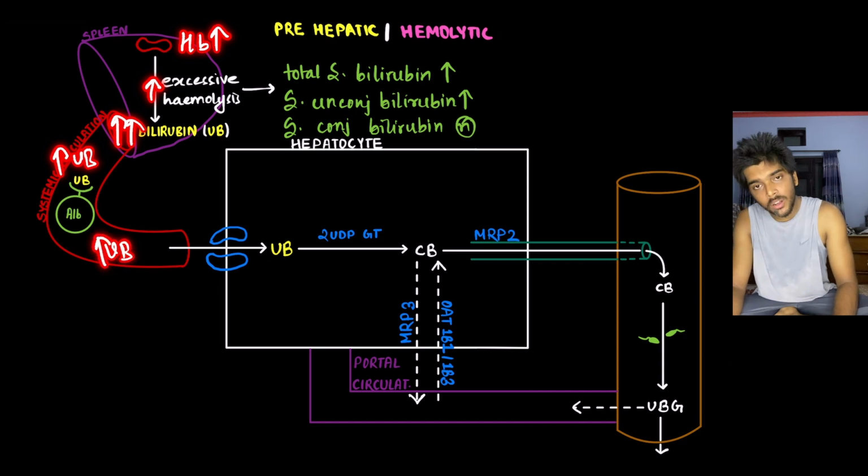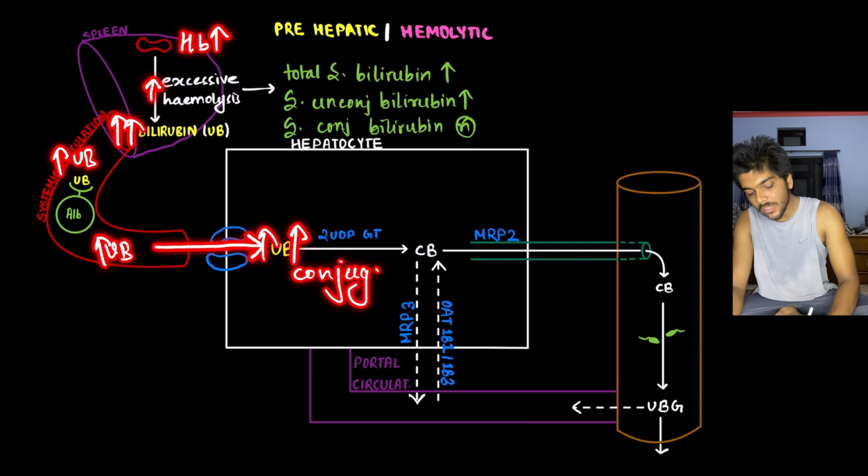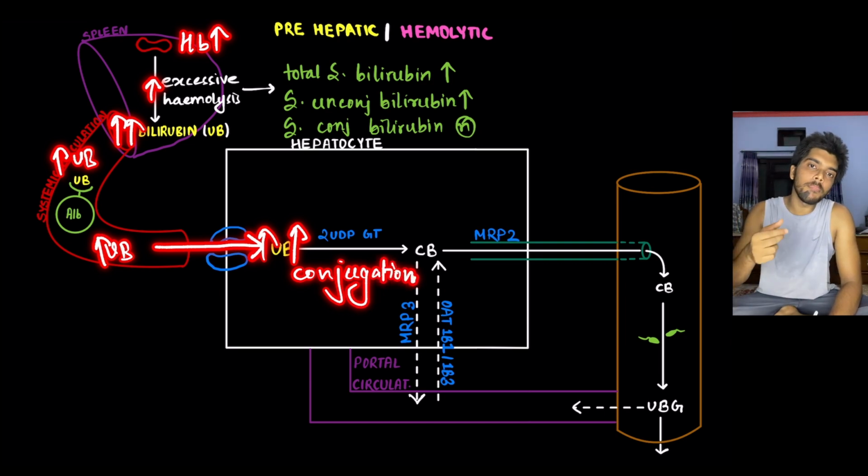This excess unconjugated bilirubin reaches the liver. So there is excess uptake. This excess unconjugated bilirubin goes through the process of conjugation. So there is maximum conjugation by the liver taking place. Maximum potential of the liver to conjugate is being used because there is excess unconjugated bilirubin.